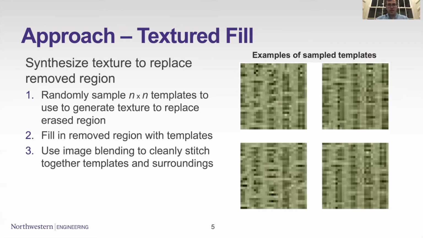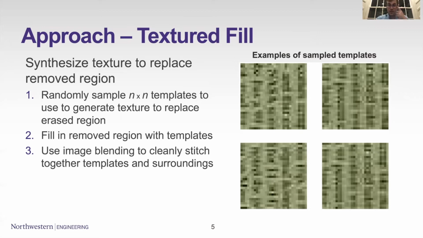And so then to make sure that as each patch is filled in, that it fits well with the surroundings, because we're dealing with not just generating a texture de novo, but we're actually trying to fill it in so that it fits with that surrounding original image.